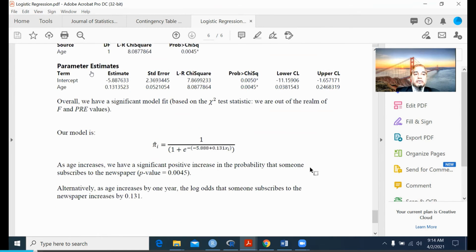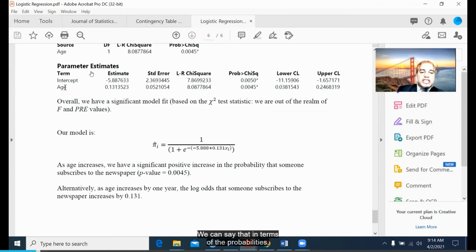Before I go to our exercise, if you look at this one, this is our fitted model. Now I would like to interpret these two, especially the age, which is the slope.